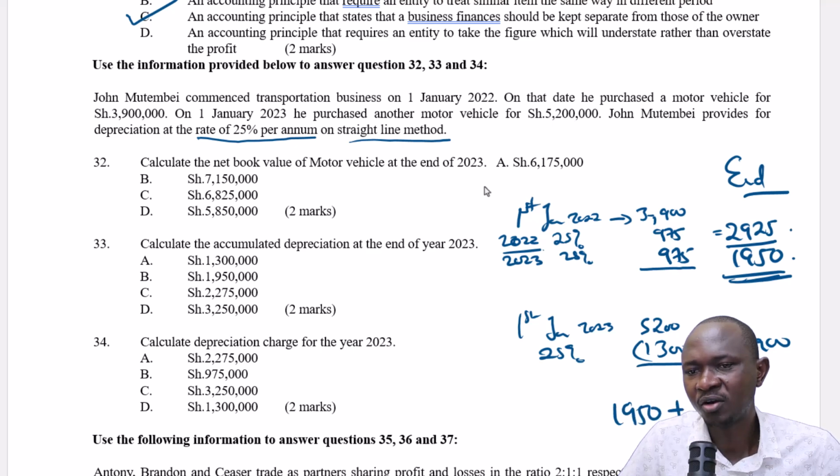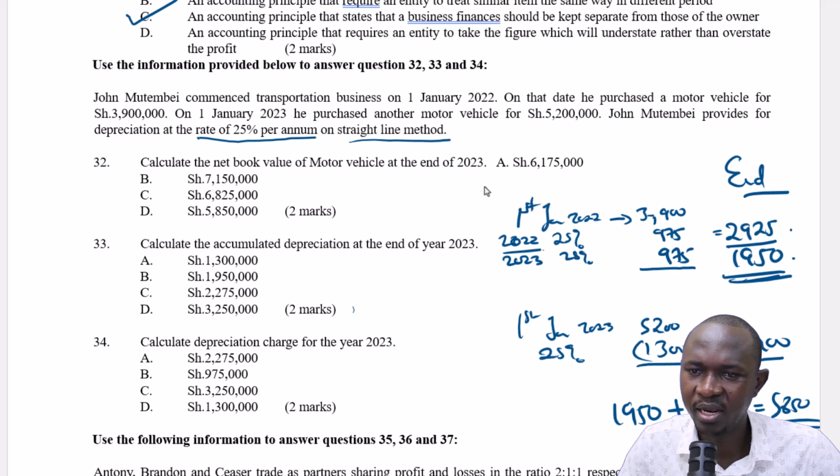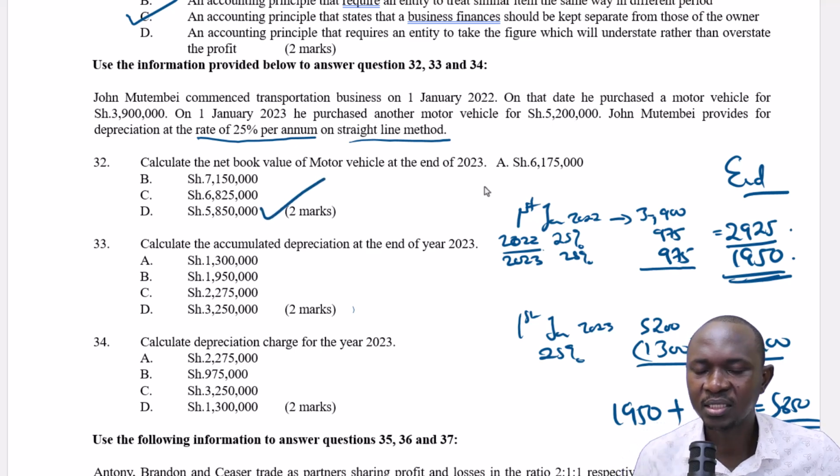And then for vehicle B as at end of 2023 will be this figure here, which is 3,900. So the total is 3,900 plus 1950. That will give us the answer, 5850. So 5850 is the net book value of the motor vehicles. Do you have it here? Yes. So the answer is D. We are done with that part.